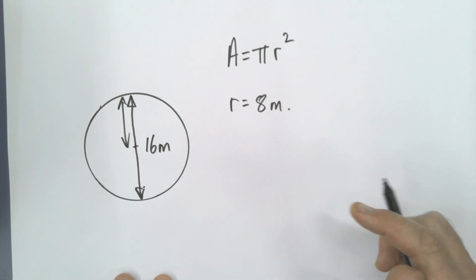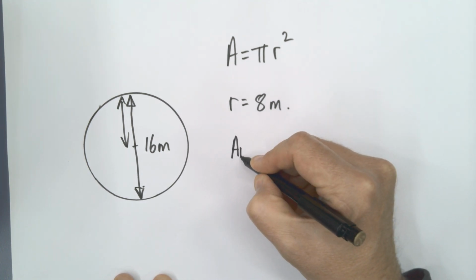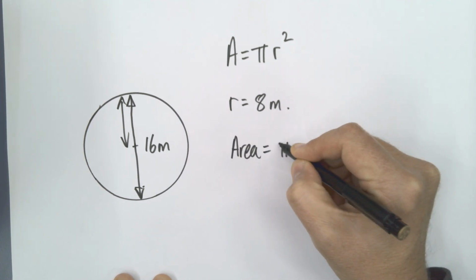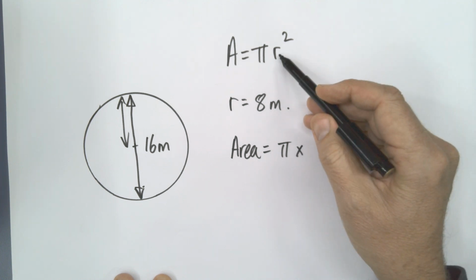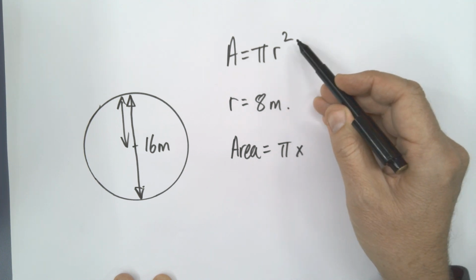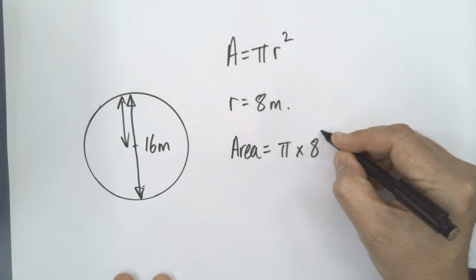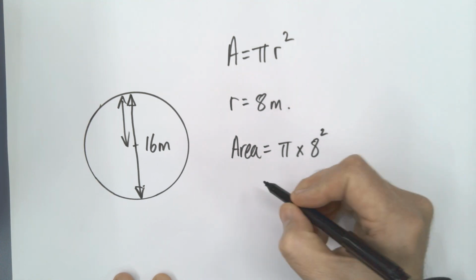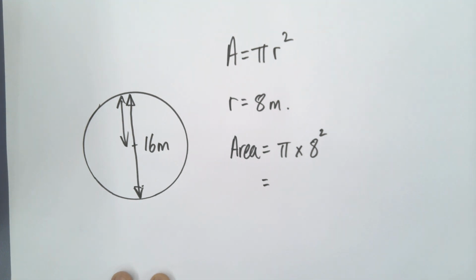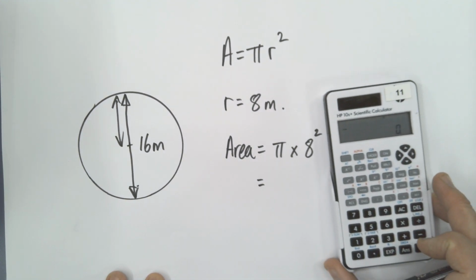All right, so how do we do it? The area is pi times the radius squared. So that's the radius times the radius itself, not radius times 2. So that's 8 squared. Then you just grab your magic buttons.